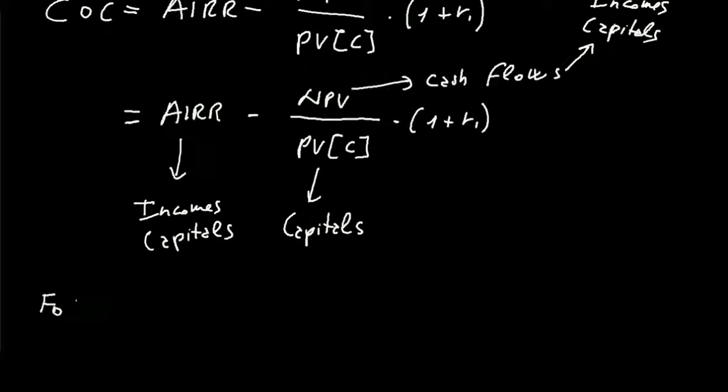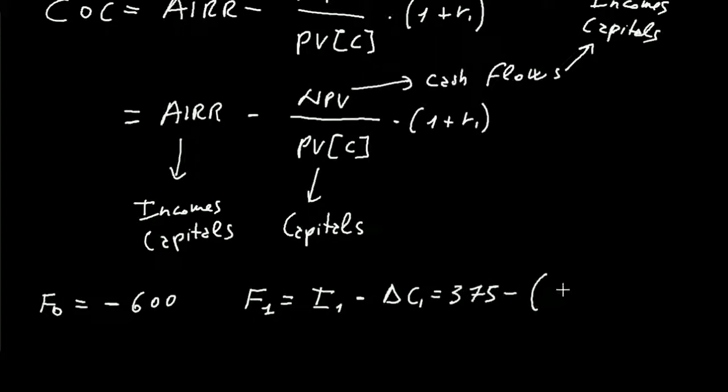In our example, we have that the cash flows are f of 0 minus 600. It is the capital expenditure, and the cash flow at time 1 is equal to the first income minus the change in capital. And the first income is 375, and the change in capital is 200.